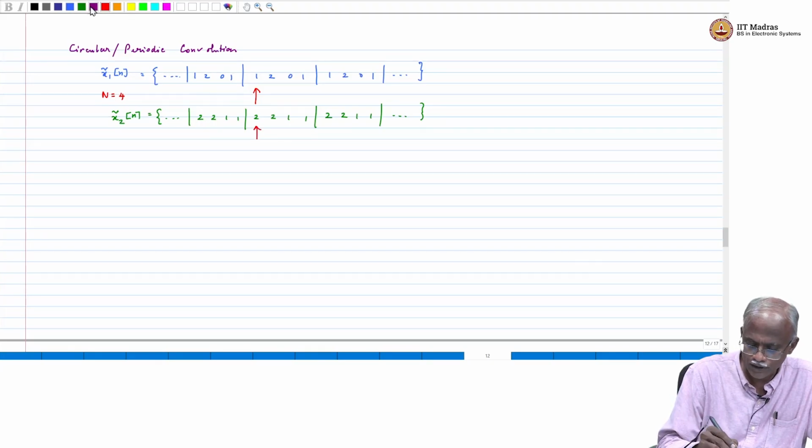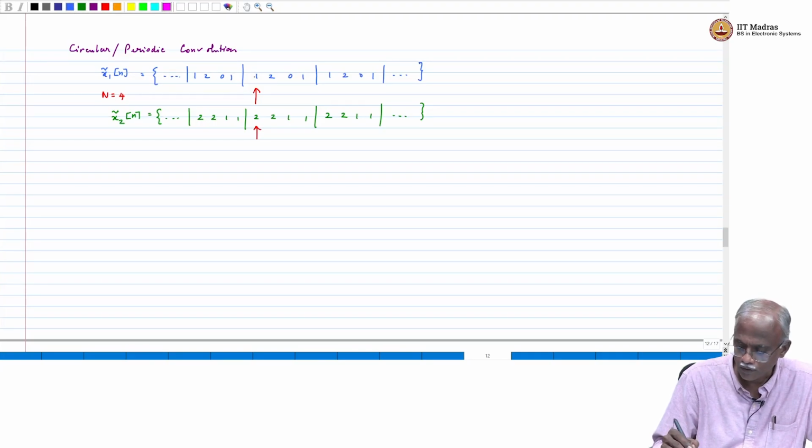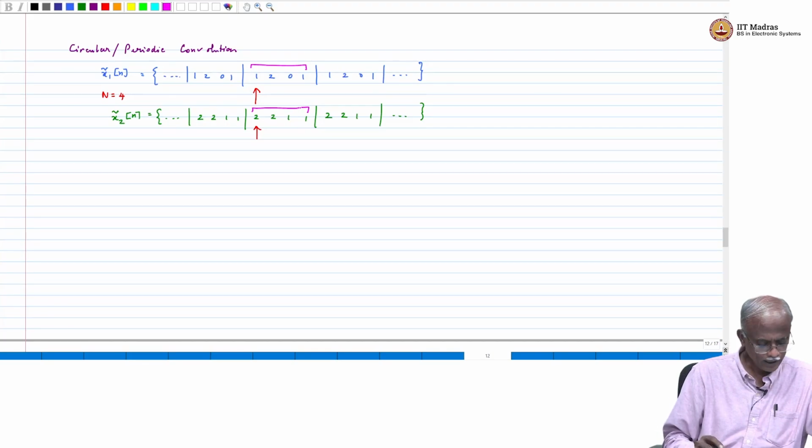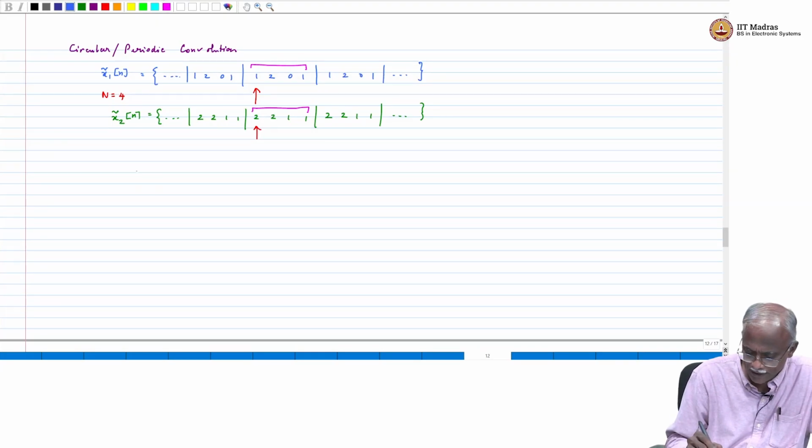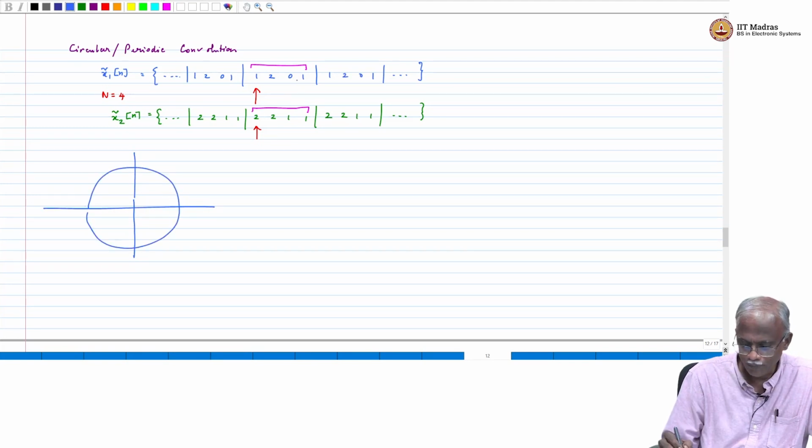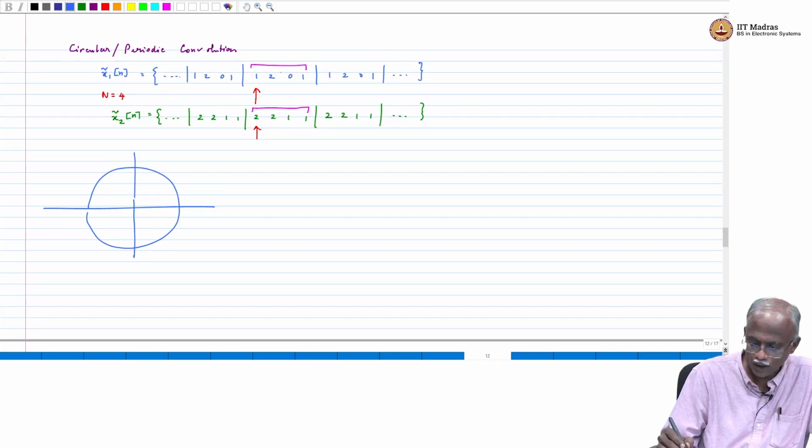The focus is going to be on one period of x1 tilde of n and one period of x2 tilde of n. A very interesting way by which people do this computation is to draw a circle. Depending on how many points there are, you take one period of x1 of n and write it on the outside of the circle: 1, 2, 0, 1, written clockwise.